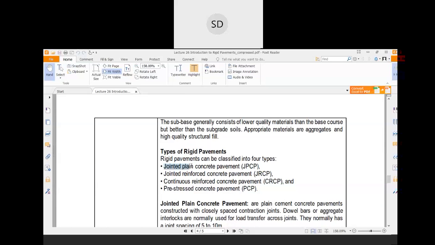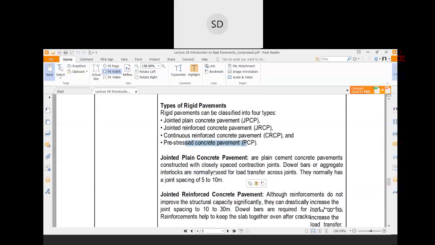Now there are different types of rigid pavement. First one is jointed plain concrete pavement, then jointed reinforced concrete pavement, continuous reinforced concrete pavement, and pre-stressed concrete pavement. So the first one is jointed plain concrete pavement. Basically, as the name indicates, it would be plain PCC pavement, that is plain cement concrete pavement, and there would be some joints.